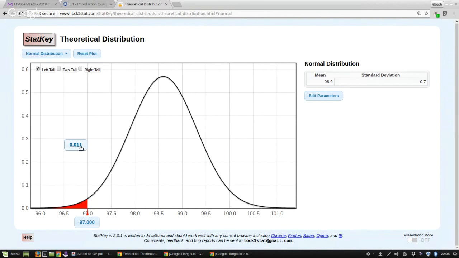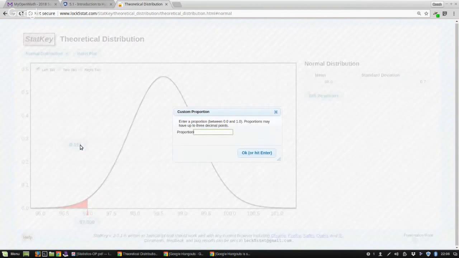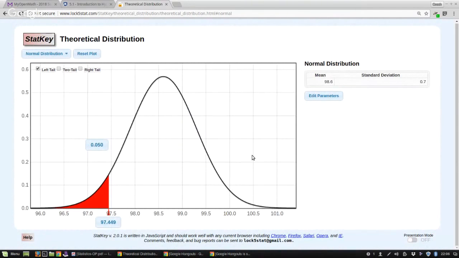I would expect about 1.1% of people to have that. Suppose I wanted to know what temperature about 5% or fewer people have. It turns out to be roughly 97.45. Only about 5% of the population should have a temperature of that or lower. And the lower we go here, the more remote a possibility is.